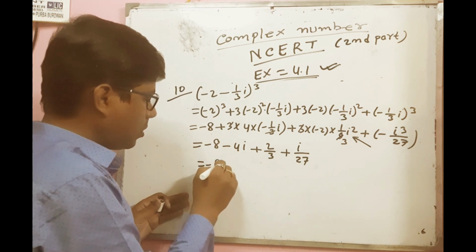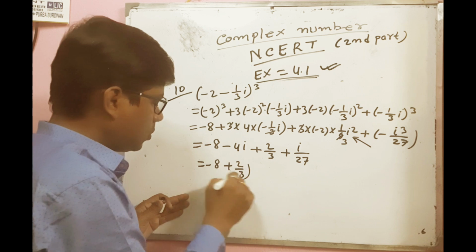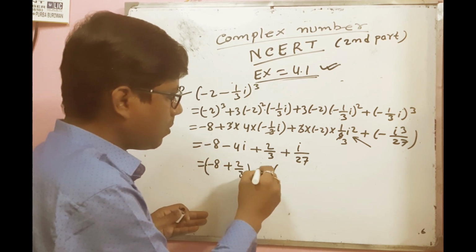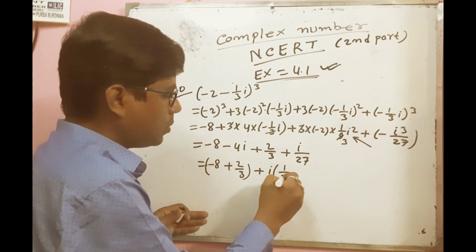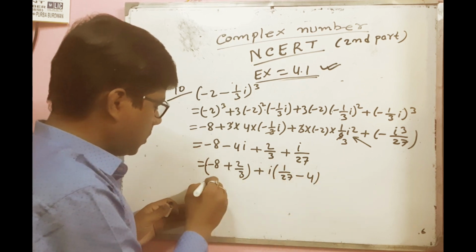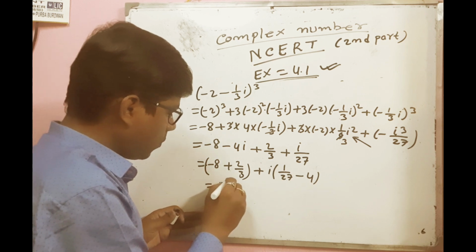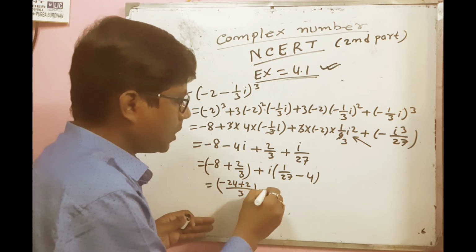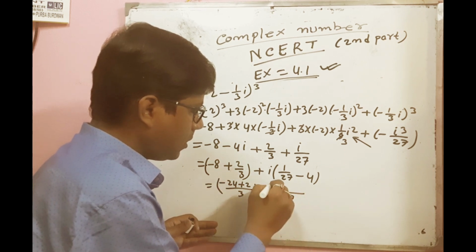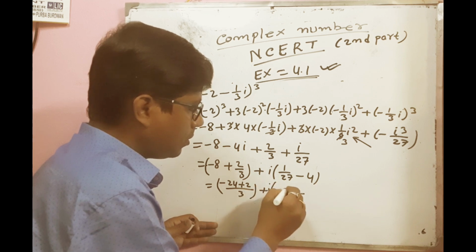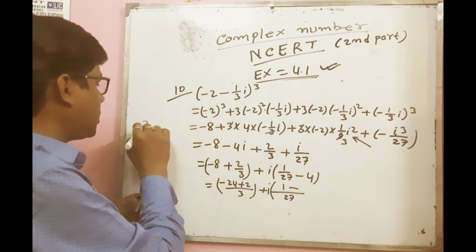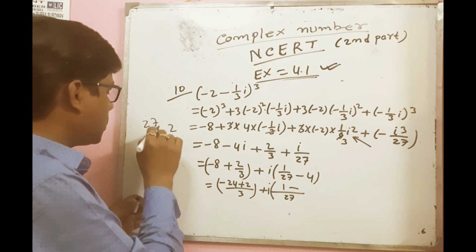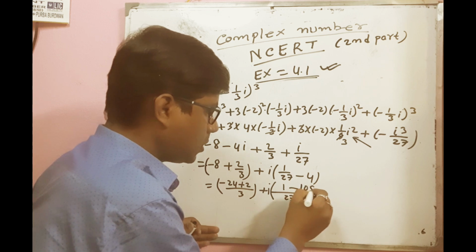Now taking common these two together and taking common of i, then 1 by 27 minus of 4. Now LCM 24 plus of 2 divided by this one, and 27 i times of 1 minus 27 multiplied with 4, then we get 108.